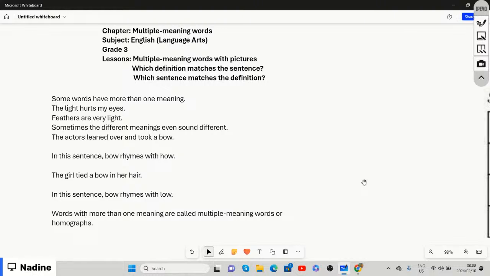So there are different meanings to a specific word, and that is what we mean when we say multiple meaning words. We're going to find out more about the different multiple meaning words, which definitions match different sentences, and how different sentences match a definition.